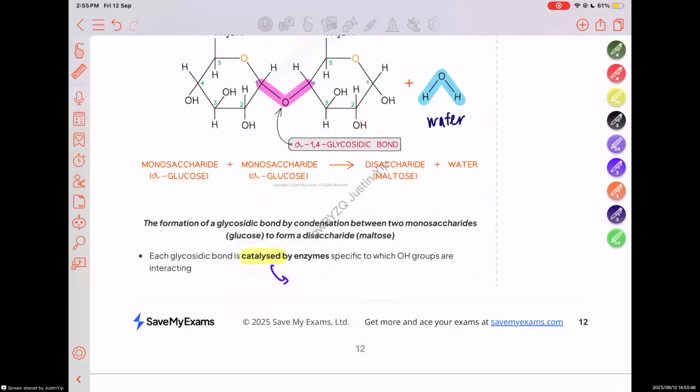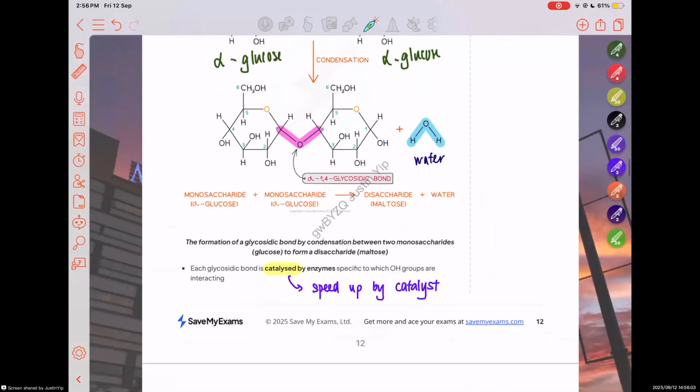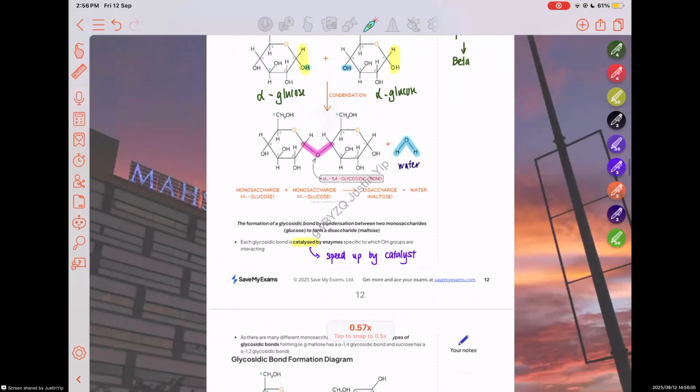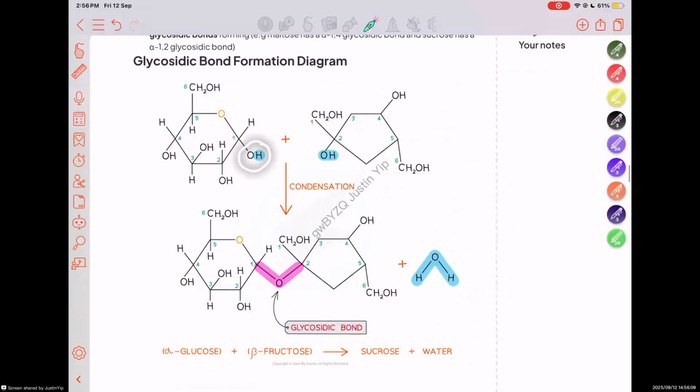Catalyze means speed up, speed up by a catalyst. And one of the catalysts in biology, we call enzymes. You will learn it in another chapter, roughly chapter 3 if not mistaken. Same thing, glycosidic bond: OH, OH, you throw one H from OH, so you join together.